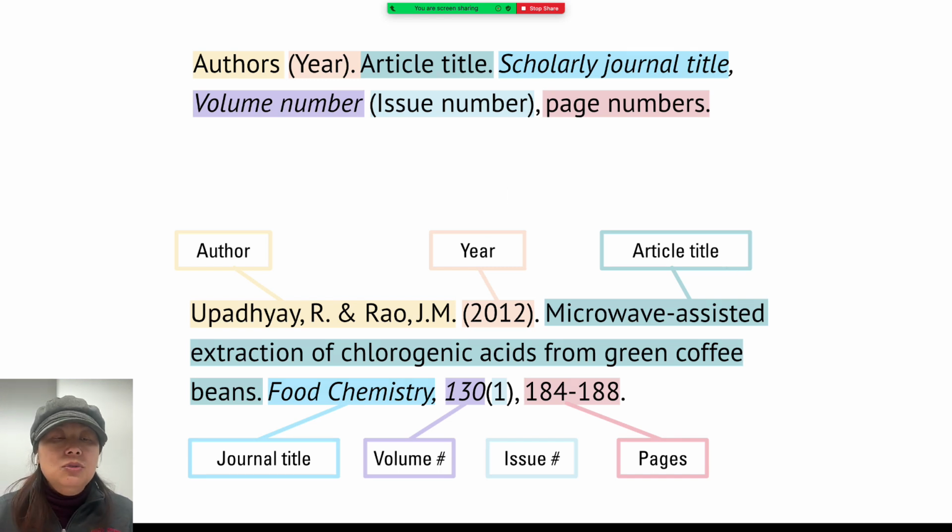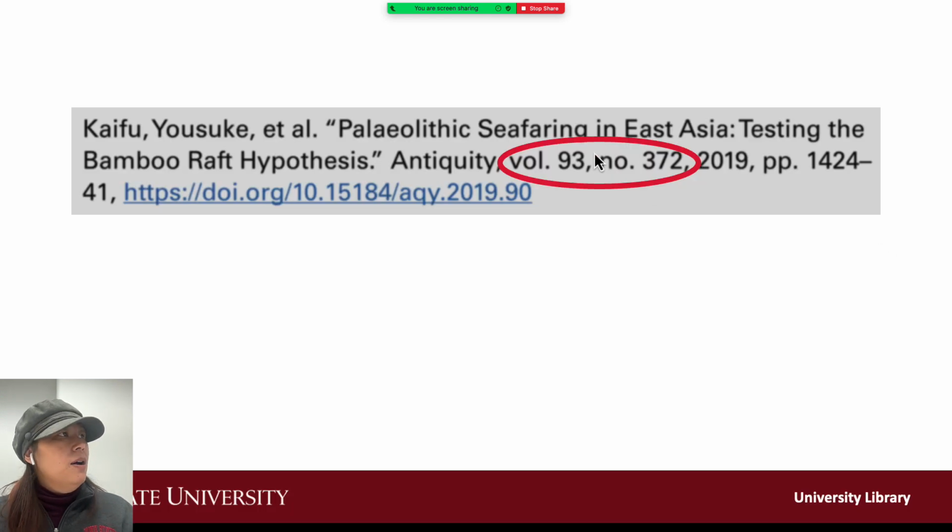They'll be in the YouTube description, or they will also be on the last page of Module 3 for your reference when you are studying and ready to ace that quiz. Okay, so now that you see author, year, article title, journal title, volume, issue, and pages, if we go back to that problem, there's the big clue that this is a journal article, okay?